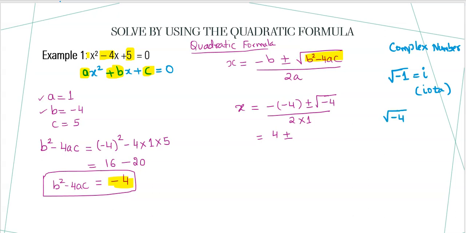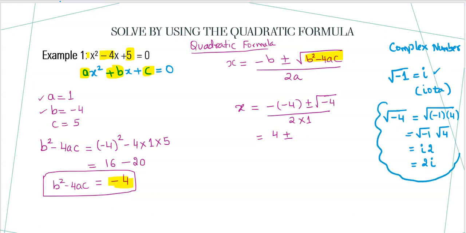Square root of minus 4, you can write it as square root of minus 1 times 4. So this becomes root of minus 1 times root of 4. So in place of square root of minus 1, we will substitute iota. And square root of 4, we know that it is 2. So you can write it as iota times 2, or you can put the number first and then write 2 iota. So this is how you get the value of square root of minus 4.